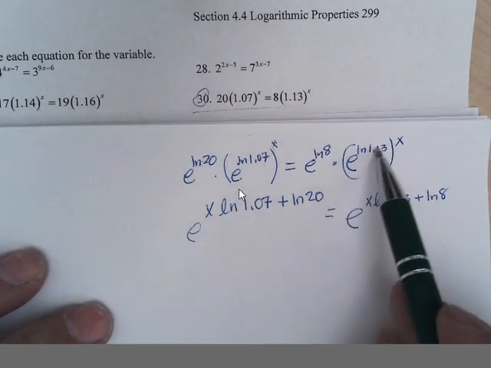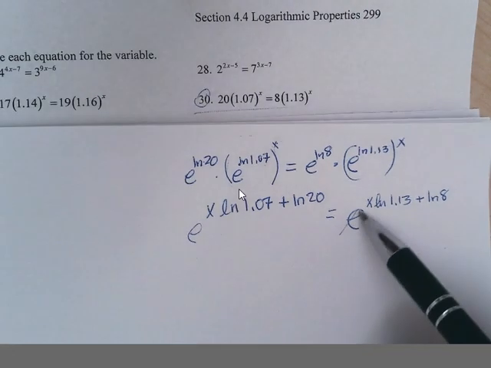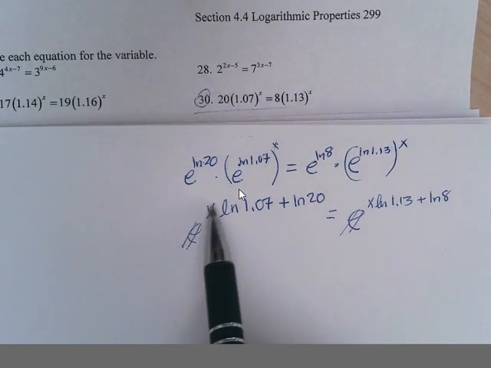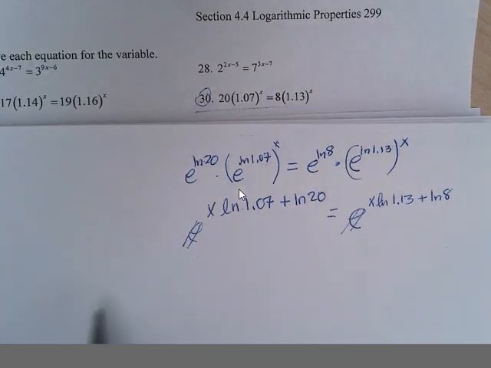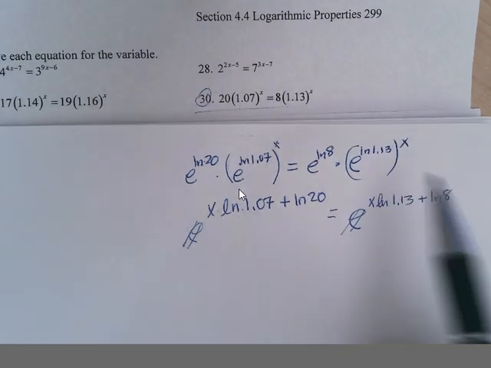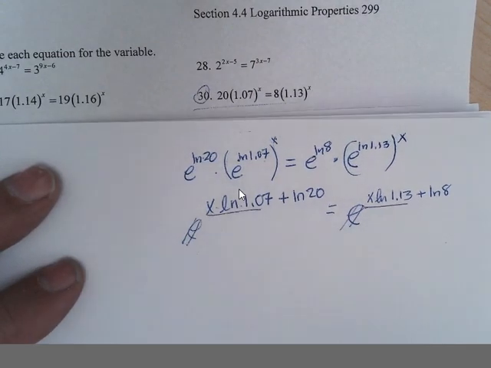Add this to these multiplied. So the e's become unimportant. We now just set these two equal. So I've got to get all the ln's on one side, x's on one side. So I'll just subtract these from this side.